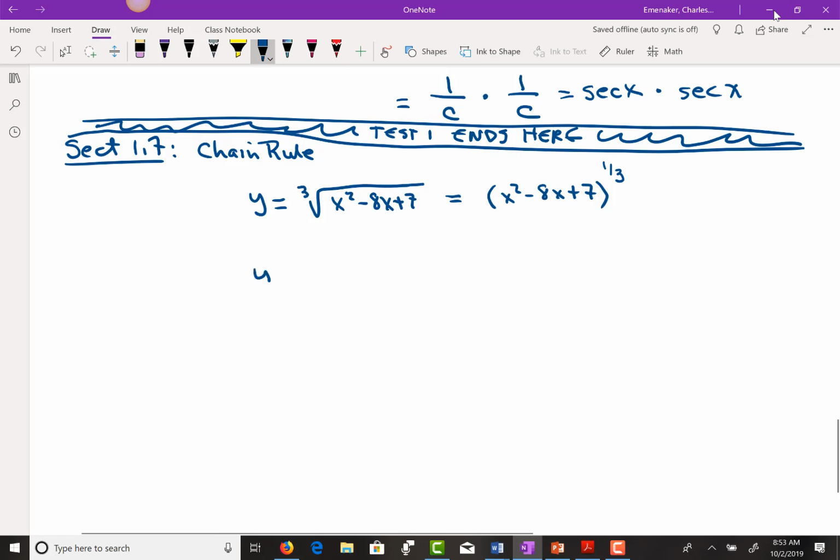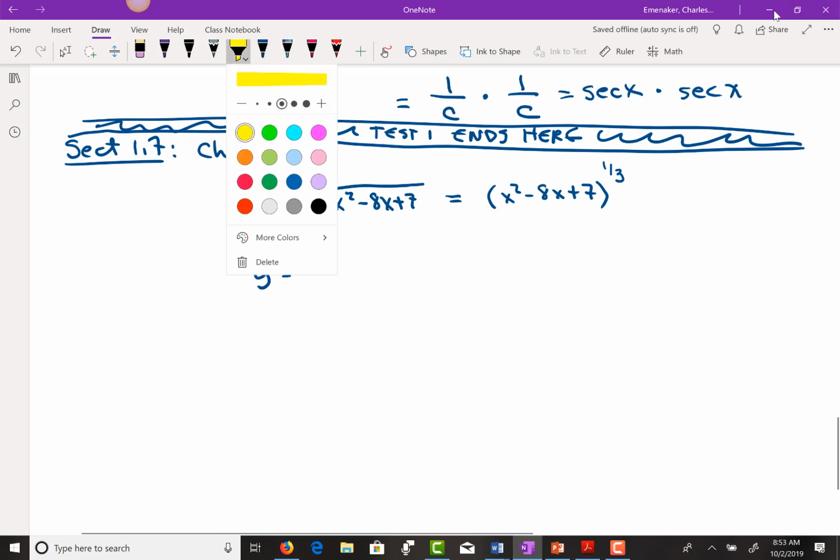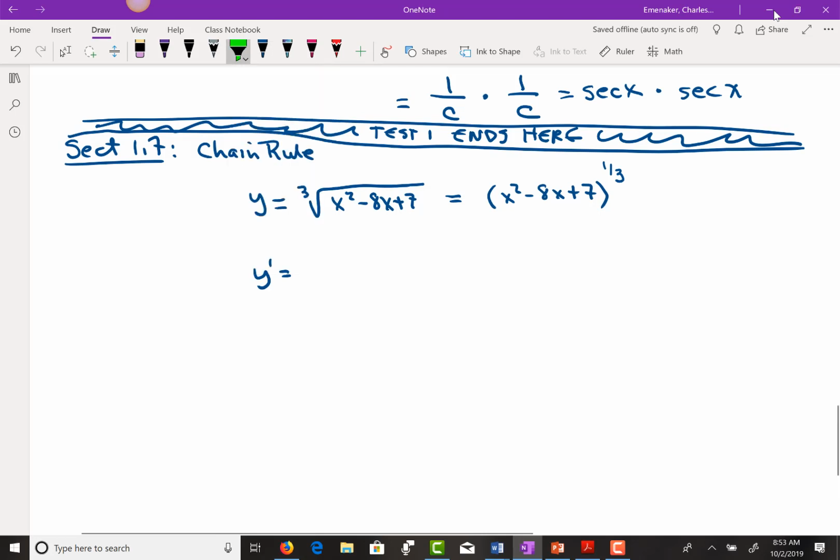What the chain rule says to do is you first do the derivative of the outside. Well, the outside is the 1/3 power. And if you want, think of this green part as still being hidden. It's in the box. You can't see it. All we're dealing with now is the wrapping paper.